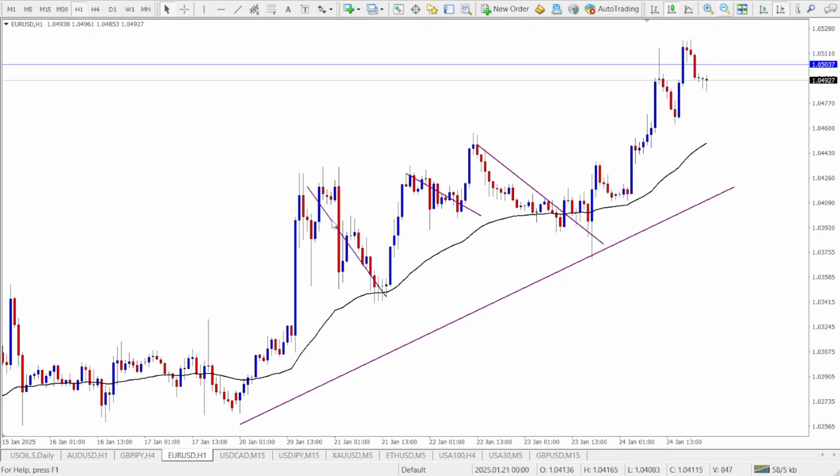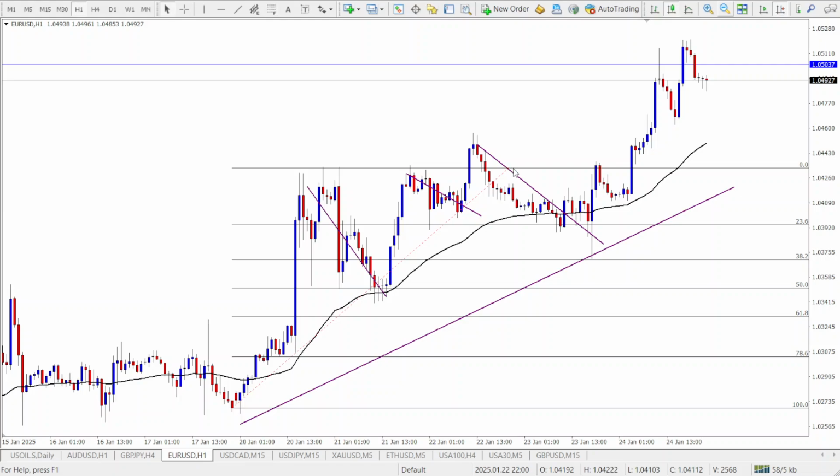Now, secondly, you have to wait for the pullback, looking for a retracement or minor correction in the trend. This is the pullback phase of the slingshot. You can make use of Fibonacci retracement levels, which show us potential levels where the pullback is about to come to an end.